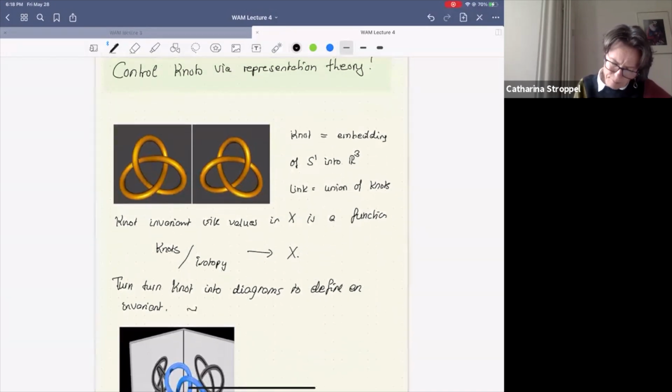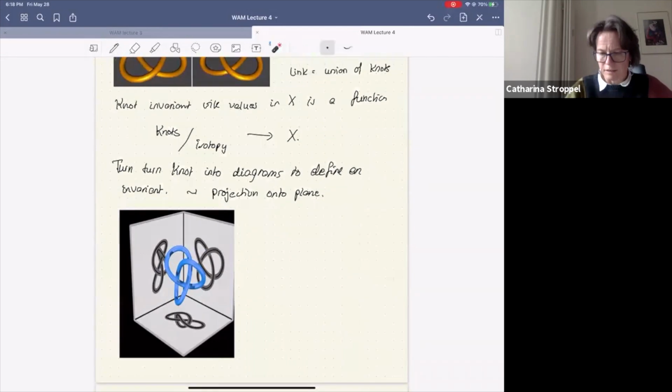And this is done by a projection onto the plane. So here's an example of our knot, and we can project to the plane. I drew these three planes here, and of course it depends on which plane you project, you would get a different picture. So the same knot might give you different pictures depending on your projection.